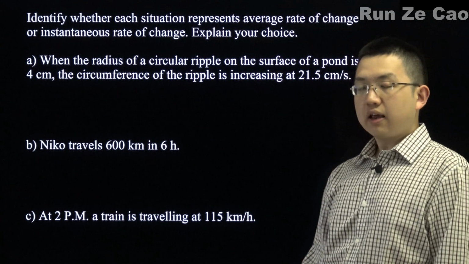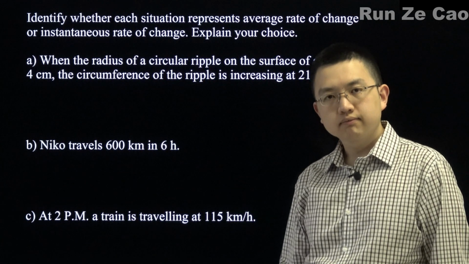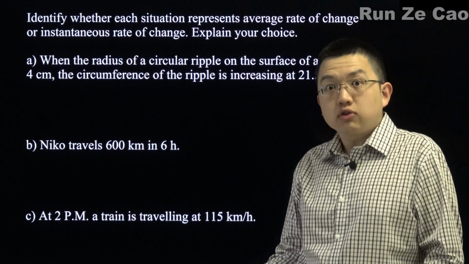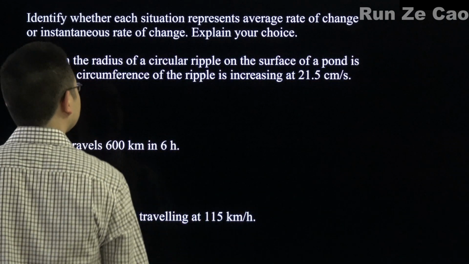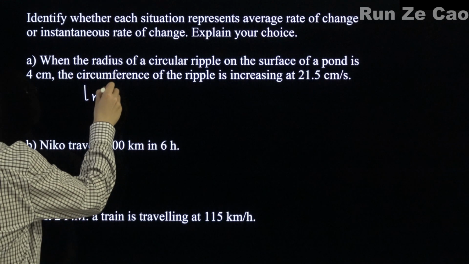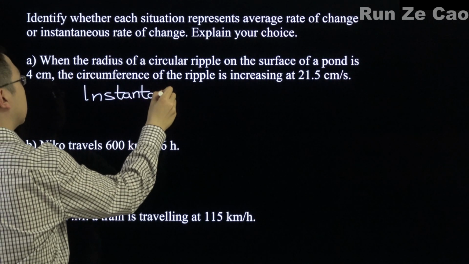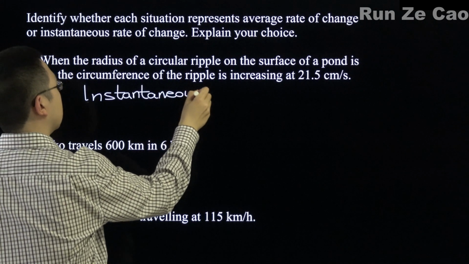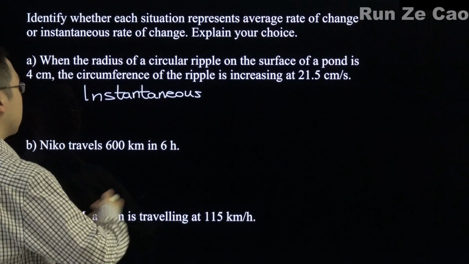So this is at a particular moment in time. So at an instant. Guess if it's average or instantaneous. Clearly, this is instantaneous. This is at one point, not between or over an interval.